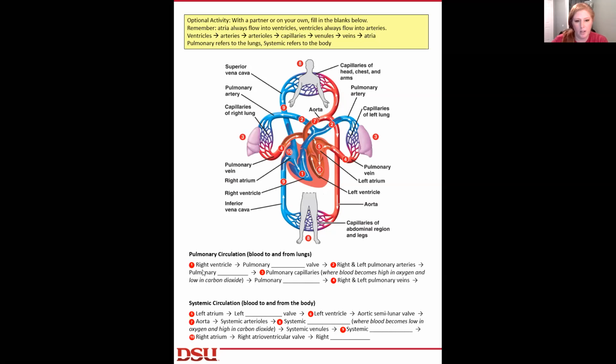Number 1 is the right ventricle, which is right here, and then number 2 is up here. You can follow the separate paths between pulmonary circulation and systemic circulation. This is the diagram I was also telling you about. And if you remember just the basic flow, like the clock I drew, this lets you go back through and add the different valves in the parts of the circulation.